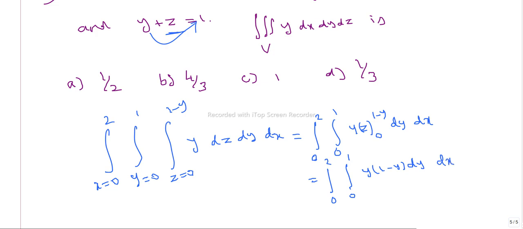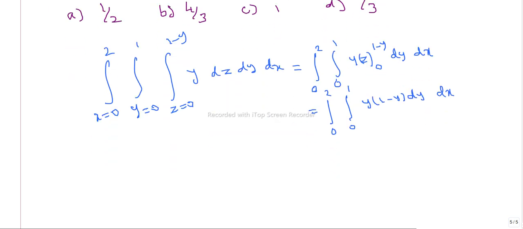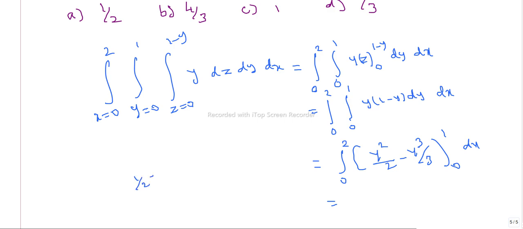Now integrate with respect to y: y²/2 − y³/3 from 0 to 1, which gives 1/2 − 1/3 = 1/6. Take 1/6 outside, and the integral from 0 to 2 of dx is 2. The 2 cancels, so we have 1/3. Therefore the answer is 1/3.